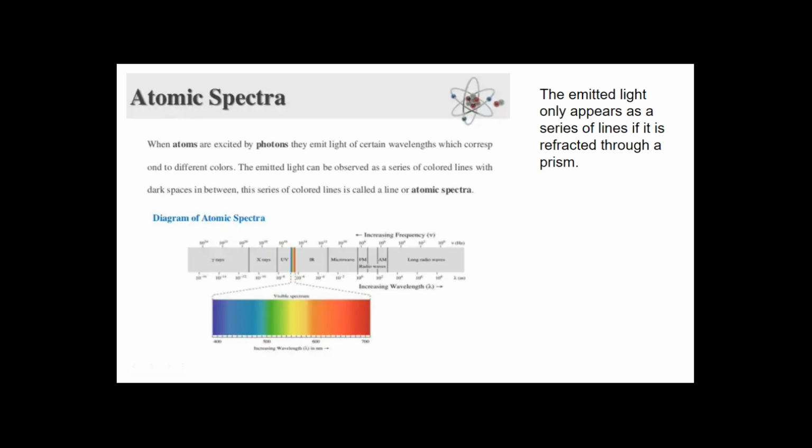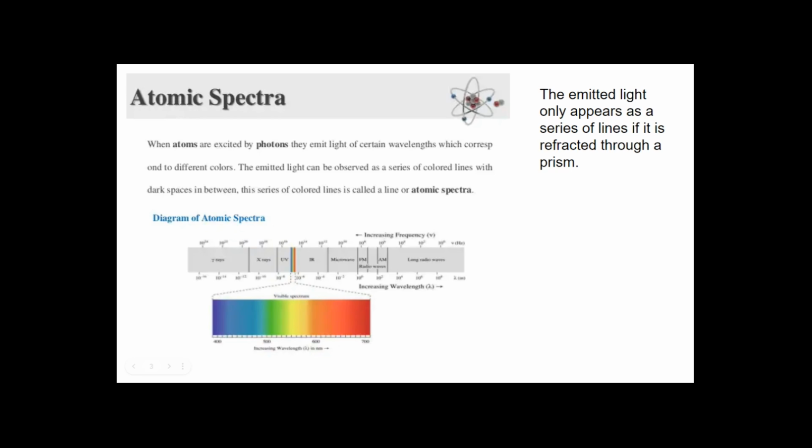Note here we have increasing frequency, and here we have increasing wavelength. It can be contrasted to visible light, where we have a continuous band of colors, ranging from blue, which is the shortest, to red, which is the longest.